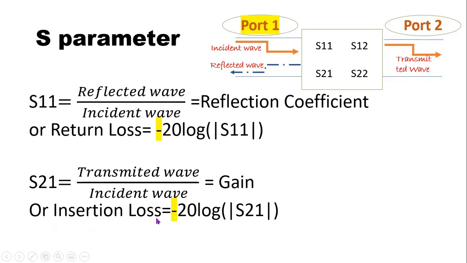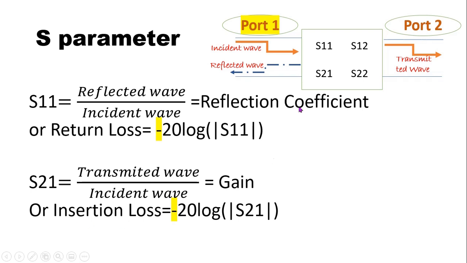It is used in the passive case, where if you have a passive circuit, then we won't be getting any gain. Perfect. So we call it insertion loss, and again S21 will be 1 or less than 1 because the transmitted wave may be 1 or less than 1, as we have no active circuit here. So the transmitted wave can't go above 1 if our incident wave is 1 unit of power. So here again we are using that negative sign, and it is called insertion loss.